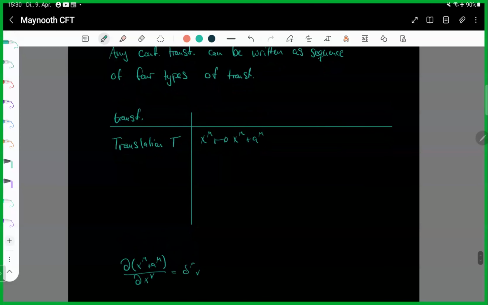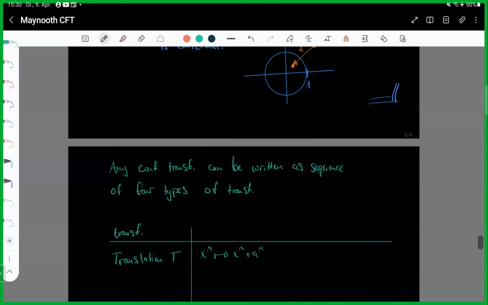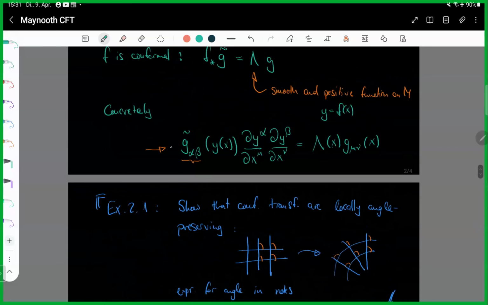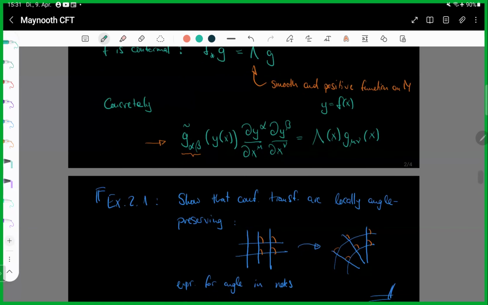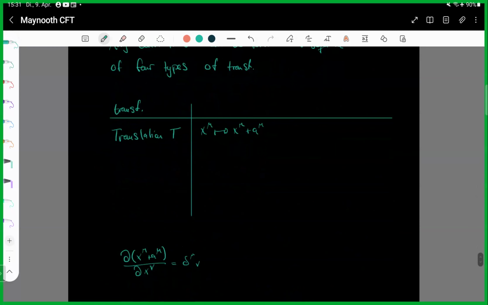That's the kind of thing you're supposed to do in order to check that it's a conformal transformation, because you're supposed to check this relation here that defines a conformal transformation. So this is the action of the translation.